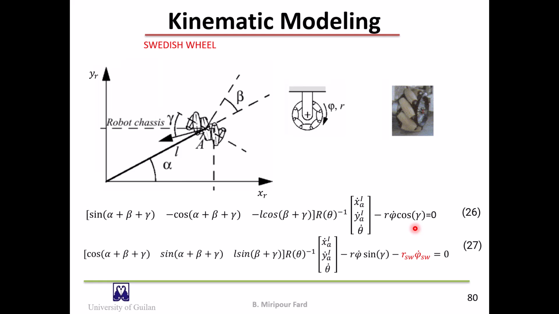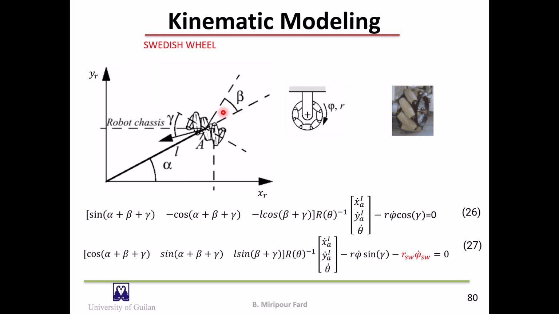A Swedish wheel is a fixed standard wheel with rollers attached to the wheel perimeter, with axes that are anti-parallel to the main axis of the fixed wheel component. The exact angle gamma between the roller axis and the main axis can vary, and it is capable of omnidirectional motion.